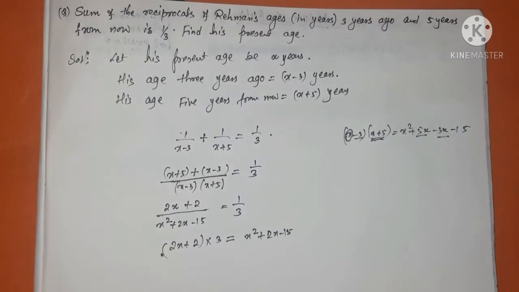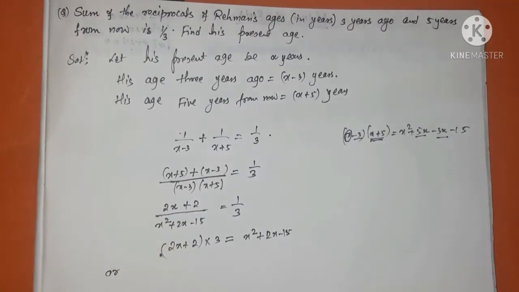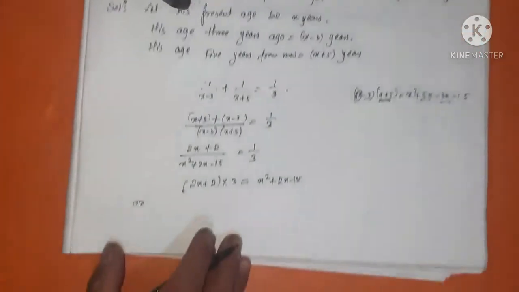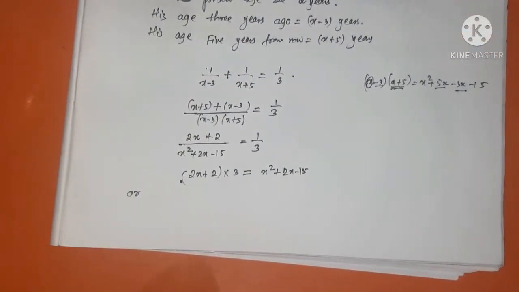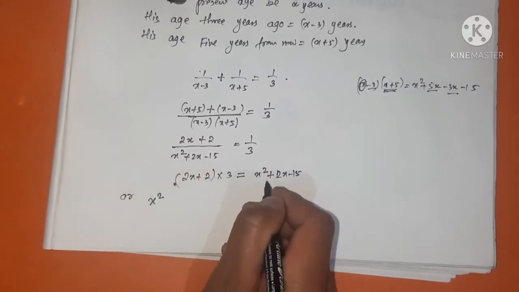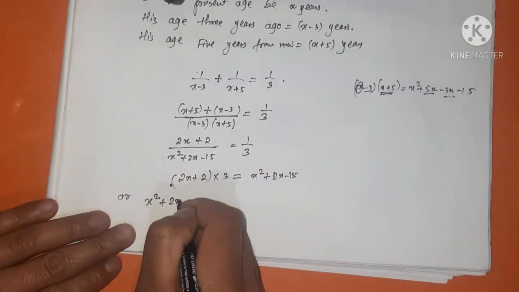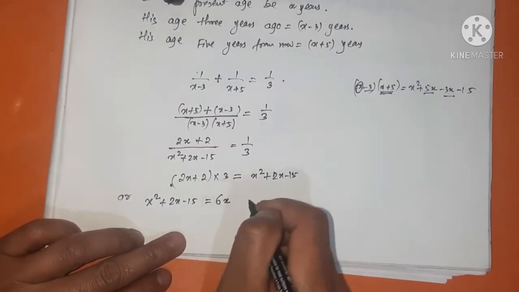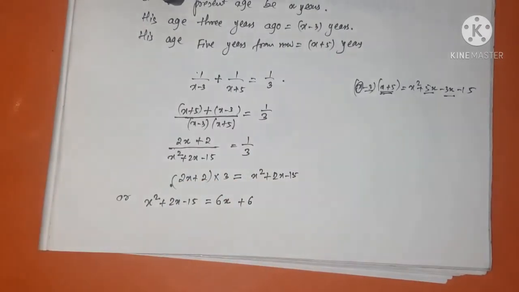Or you can write it directly. x square, I'm writing this side first, plus 2x minus 15 is equals to 3 into 2x plus 2, that is 6x plus 6, isn't it?